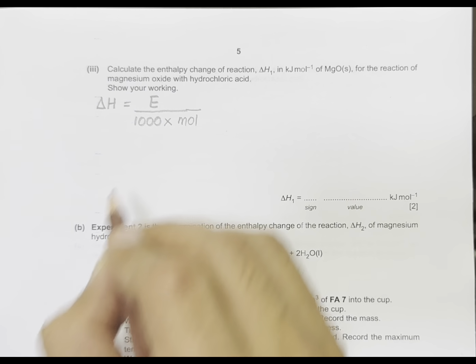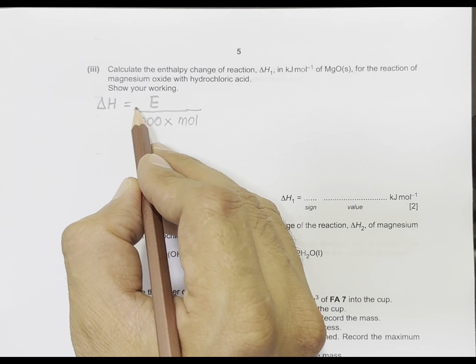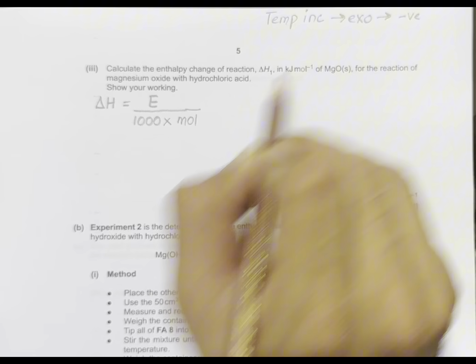Here in this case, we add the sign ourselves. The delta H is either positive or negative. Remember that if temperature rises, it shows an exothermic reaction, which is represented by a negative sign.